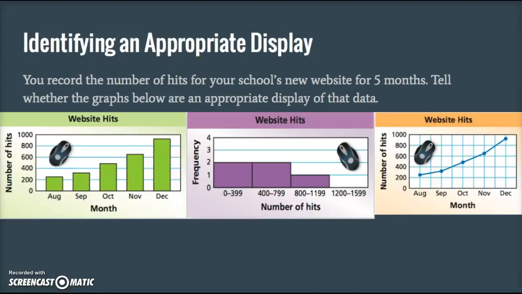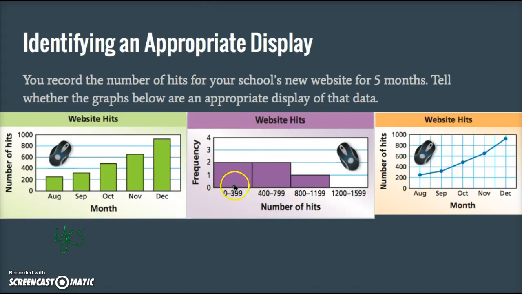So since we're looking at how many times our school's website has been visited for 5 months, this graph shows us exactly how many were visited in August, September, October, November, December. So yes, this bar graph would be an appropriate representation of that data.